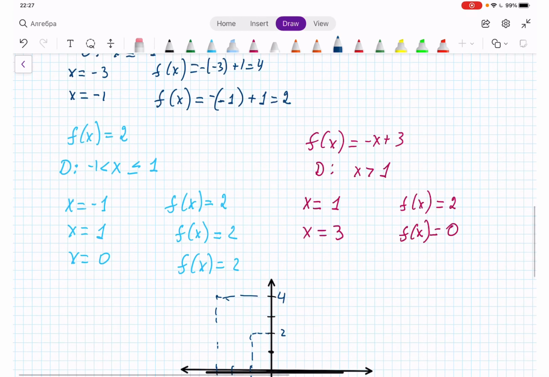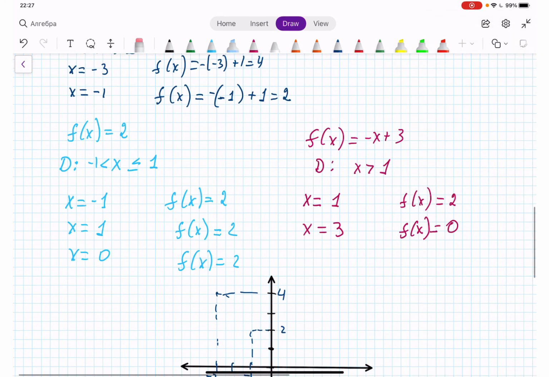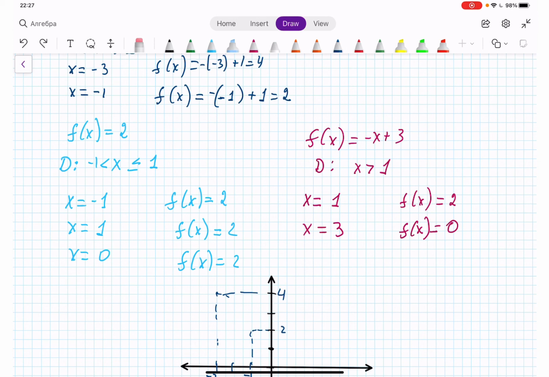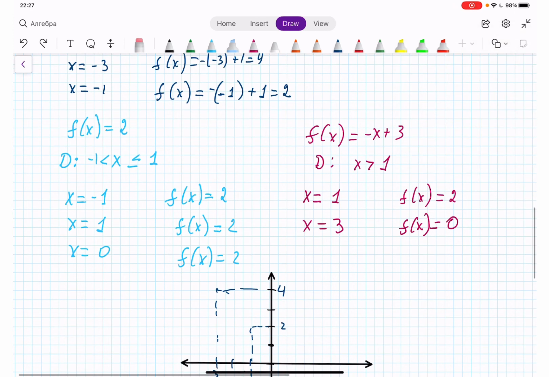So it's not going to be any empty circle there. Next, I would rather not use an arrow, because it's wrong to use an arrow, since an arrow means going to infinity, right? So that's why I need to take a piece of a line without arrows, which means it's only this piece.